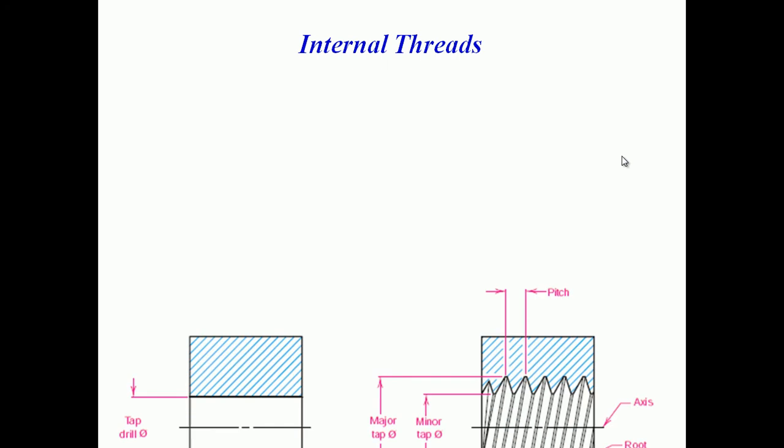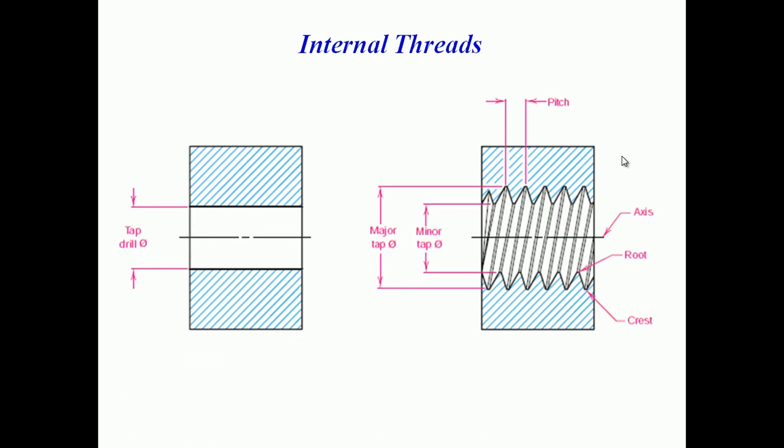Now we will move to internal threads. This is a schematic diagram of internal threads. This is a tap drill. Before making any internal threads, we will first put a drill, which we call a tap drill, which is smaller than the major diameter of the internal thread.